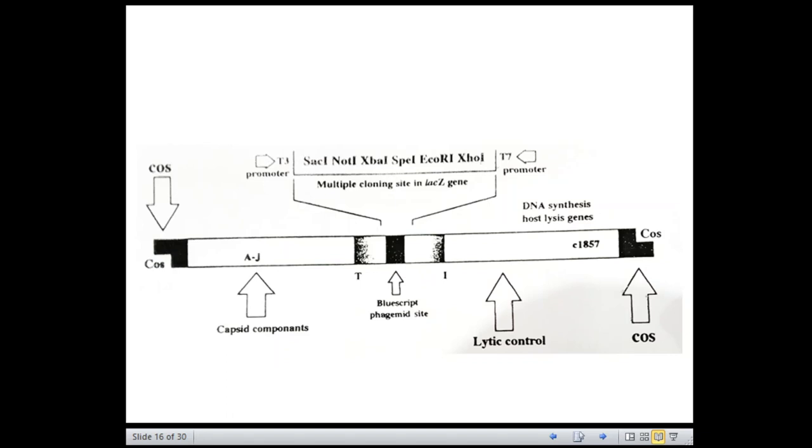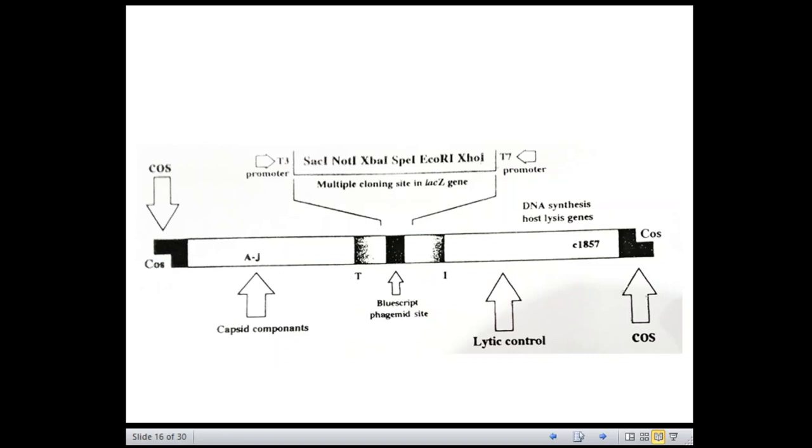You can see over there the MCS in the lacZ gene. Further, the MCS is located within a lacZ region, thus providing a blue-white screening system based on the insertional inactivation principle.